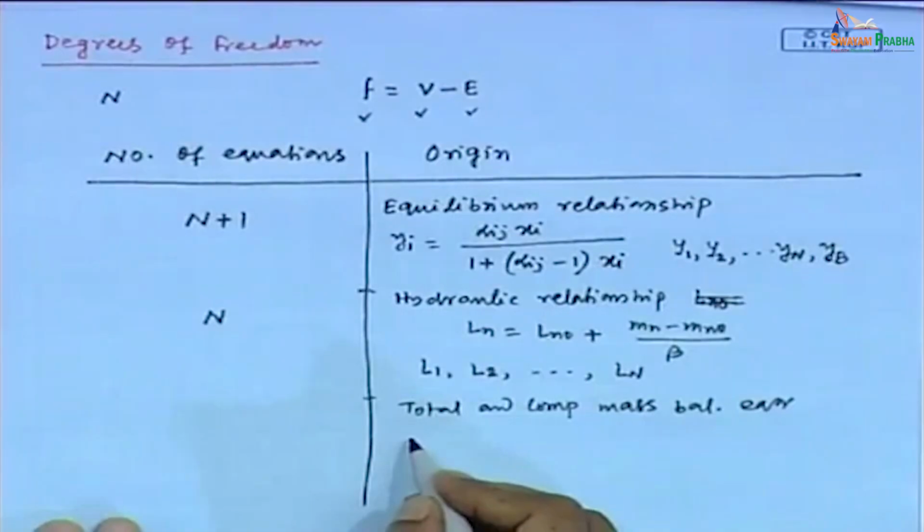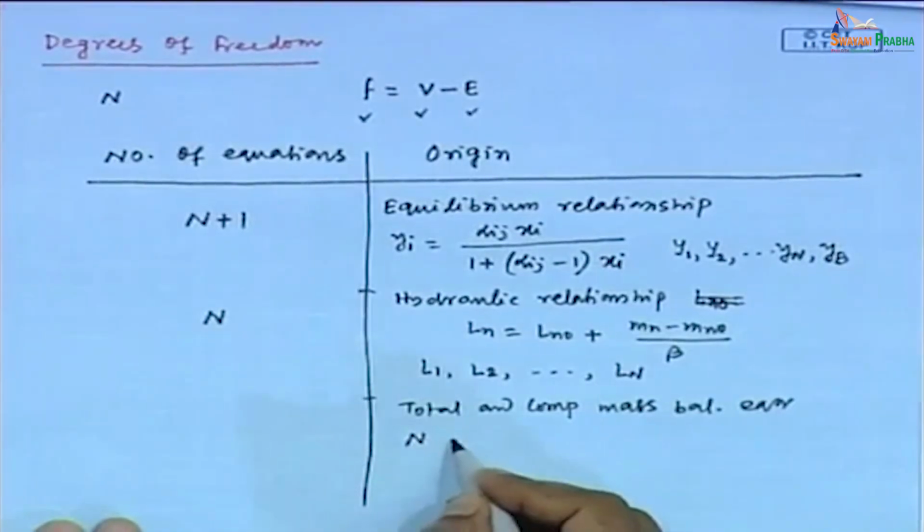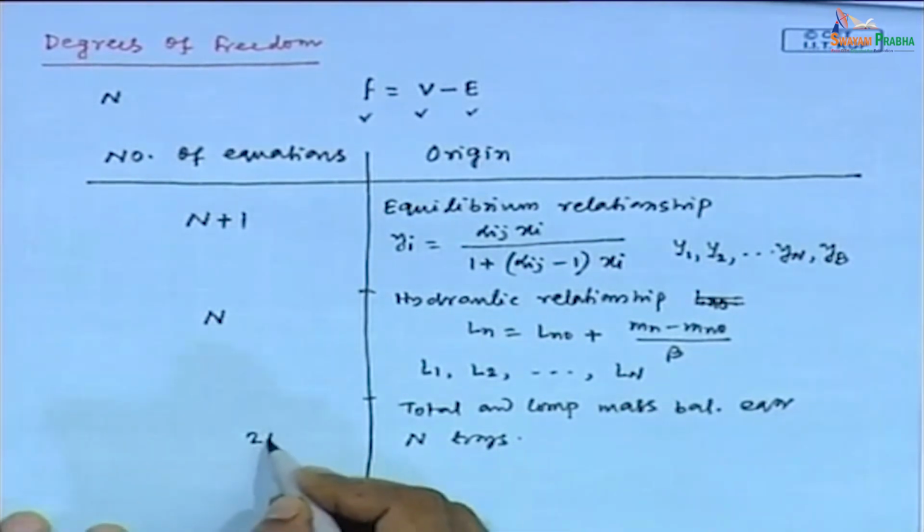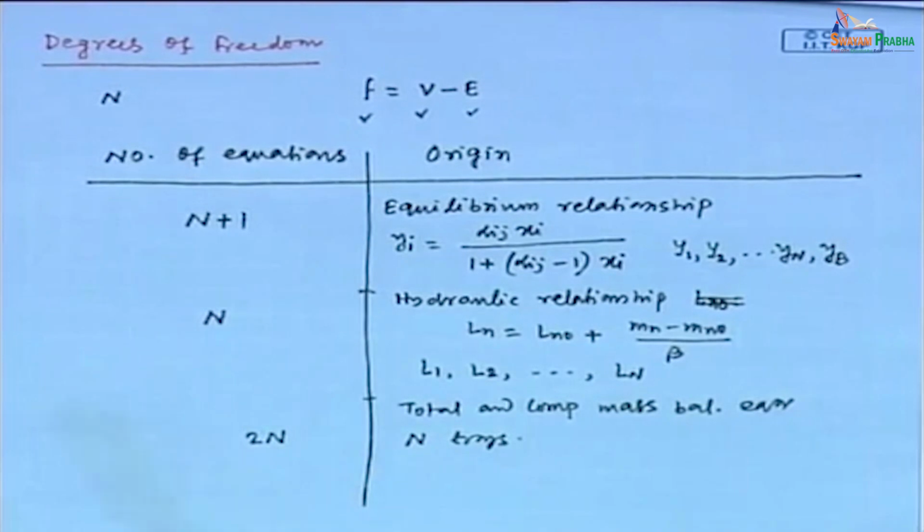First, we will consider n number of trays. For n number of trays, how many equations are there? 2n. One total mass balance equation, one component mass balance equation for each tray. That means 2 equations for each tray. So, for n number of stages, we have 2n equations.